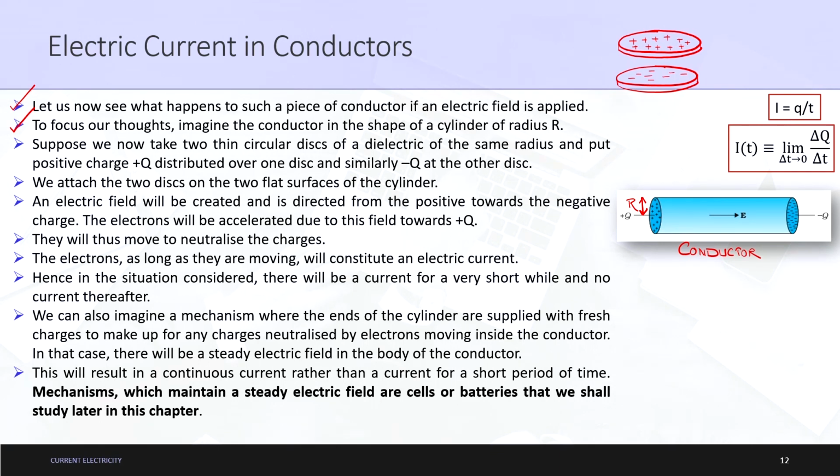Let me iterate it again. Suppose we now take two thin circular discs of a dielectric of the same radius. Please remember that the radius of both is the same, which is equal to r. And put positive charge plus q distributed over one disc, and negative charge distributed on the other.